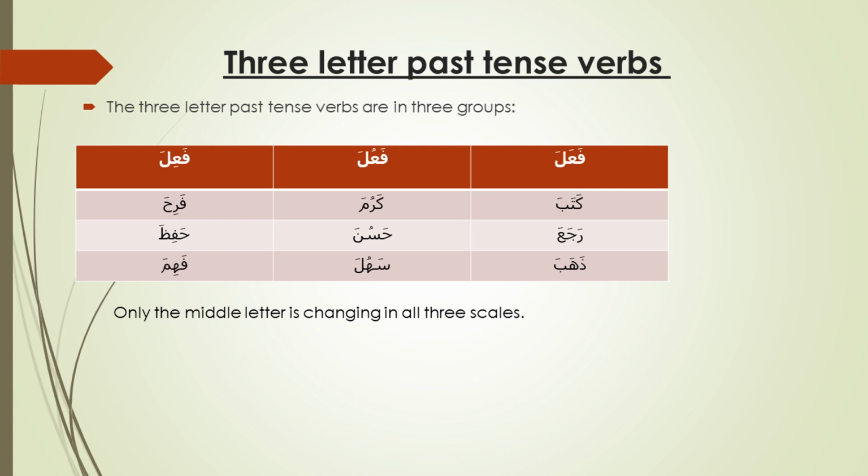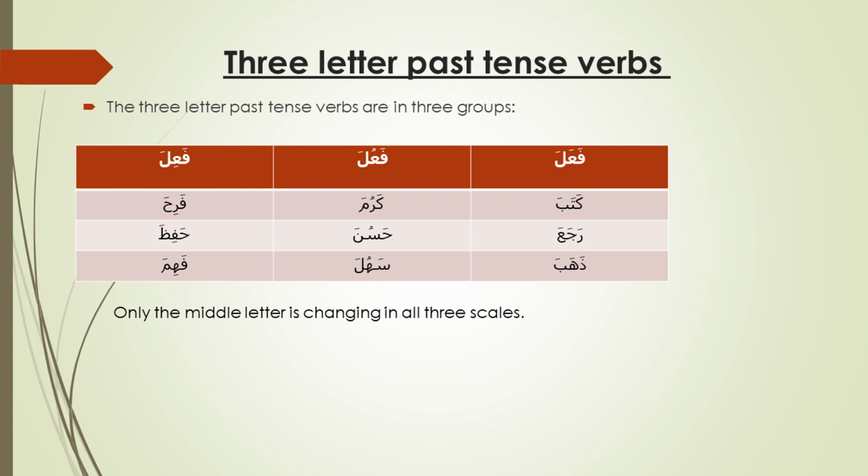And the last one, fa'ila, with a kasra on the ain. Fariha, he became happy. You don't need to know the meaning of the verbs yet, just understand the concept. After that we'll learn the meaning of each verb. Hafidha, he memorized or preserved. Fahima, he understood.